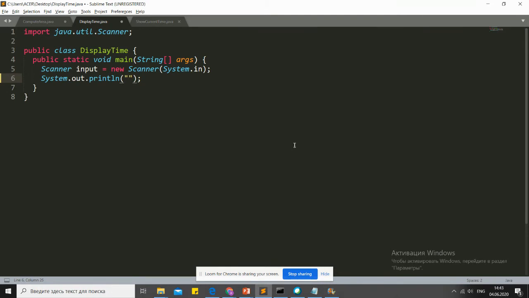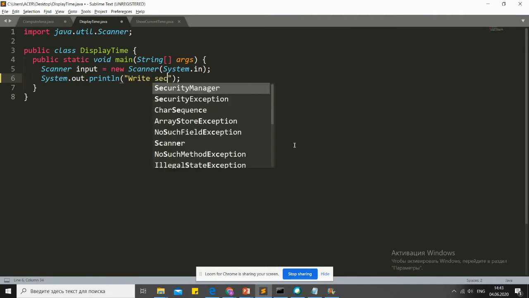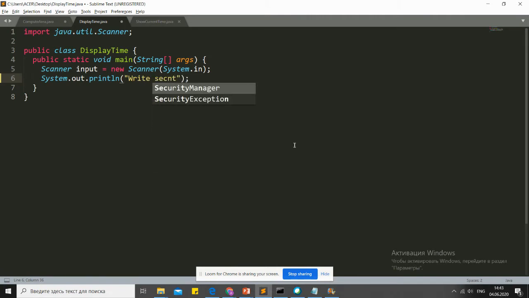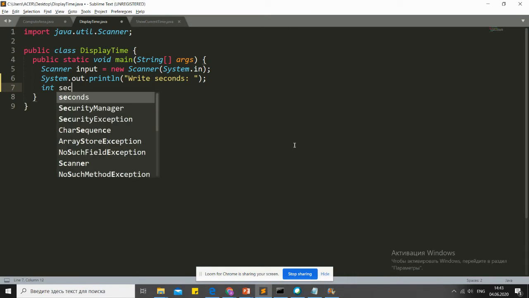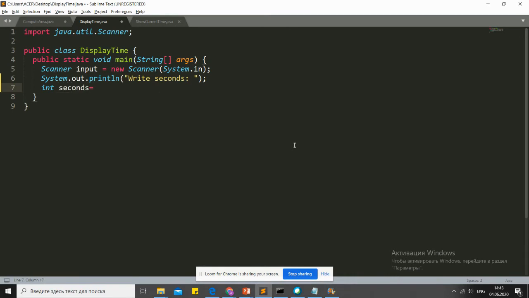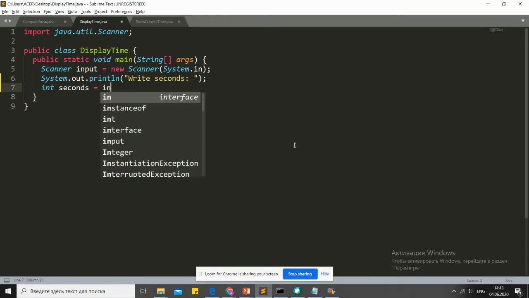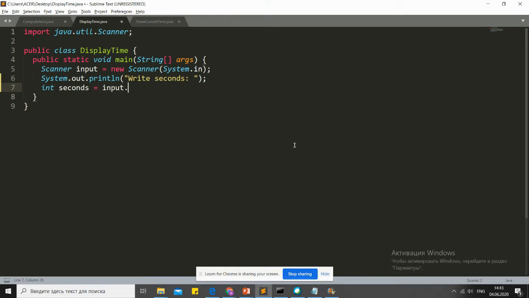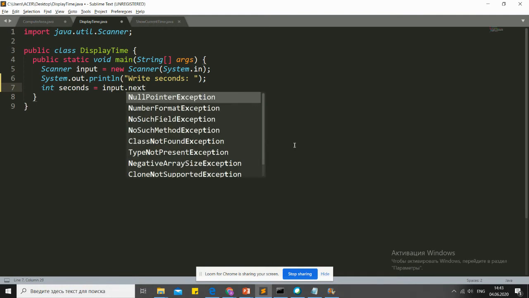For example, write seconds. Now let us create an integer called seconds. It will be equal to input.nextInt.